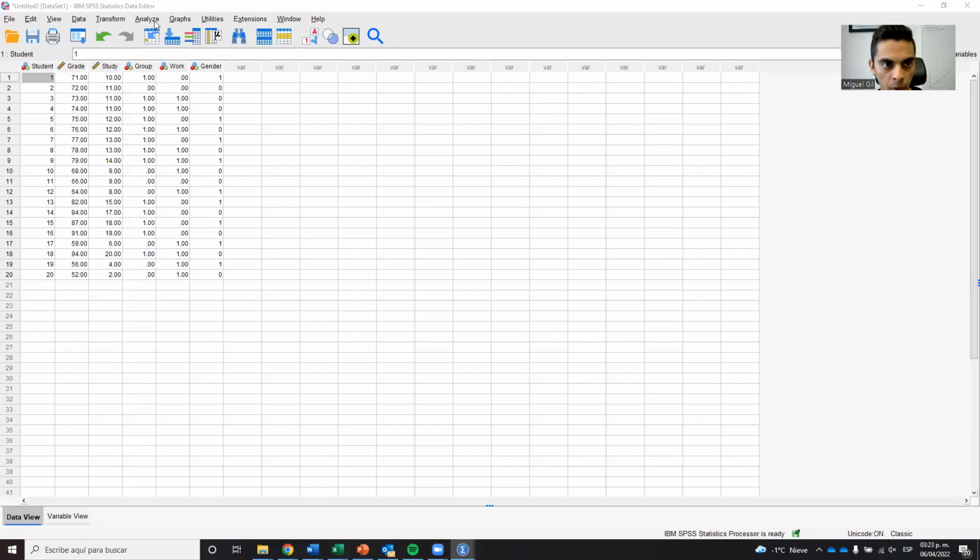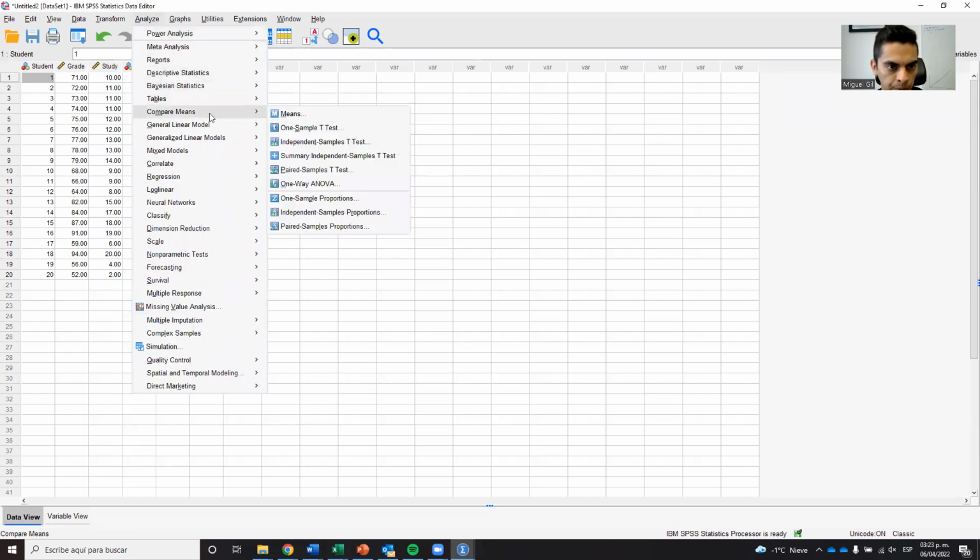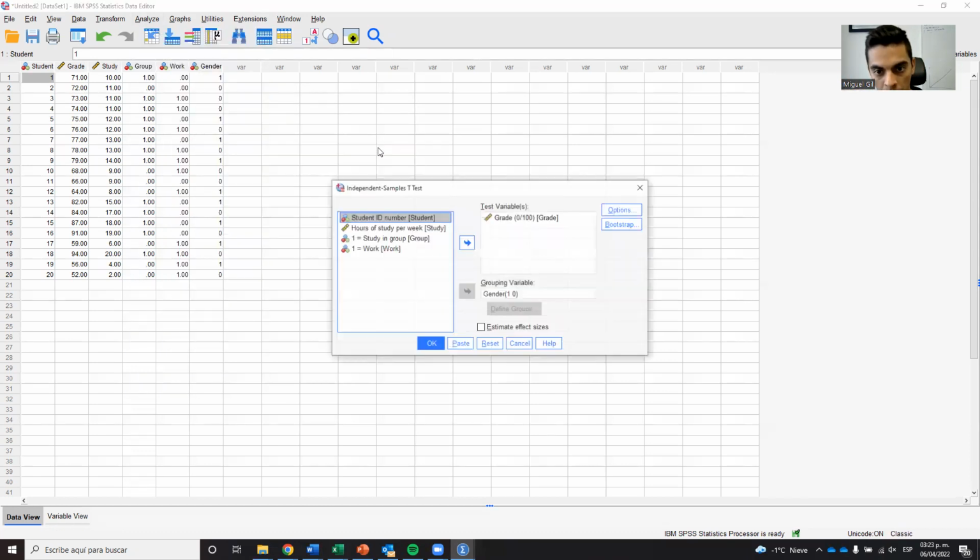So to do that, we need to go to analyze, and then we go to compare means. There is a lot of compare means. We have one sample t-test, independent sample t-test, and as I said, I want to compare if it is significant to have a different grade depending on if I am a boy or a girl. So to test that, I need to do an independent sample t-test.